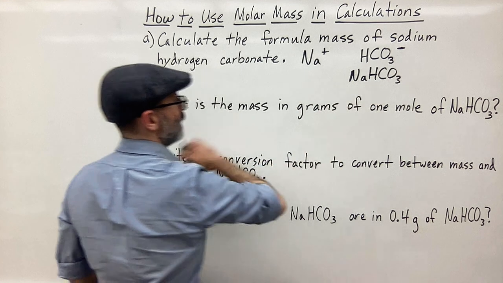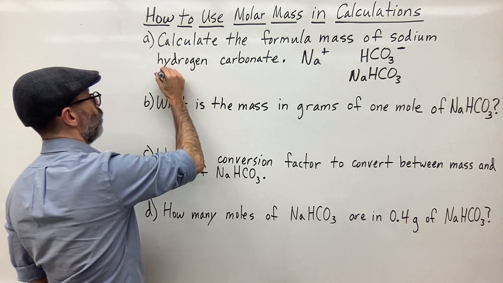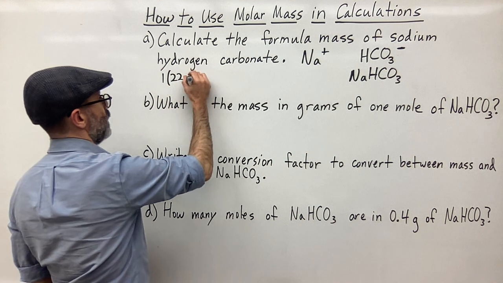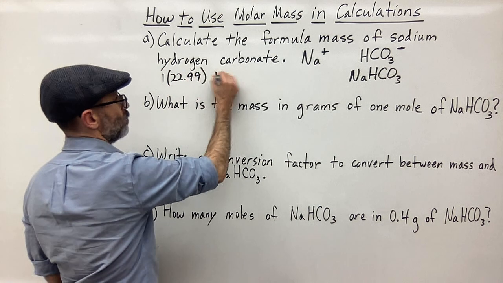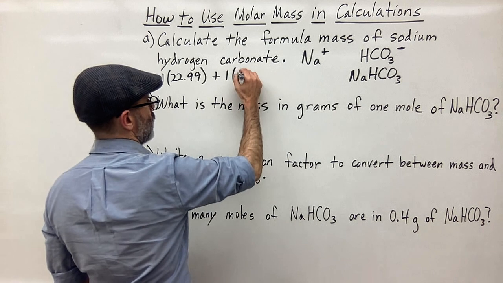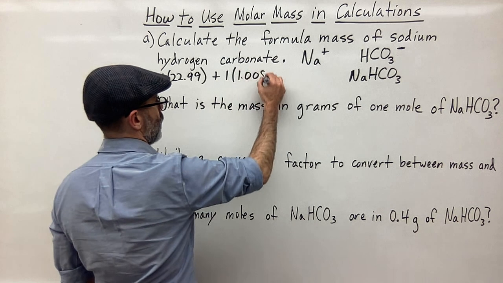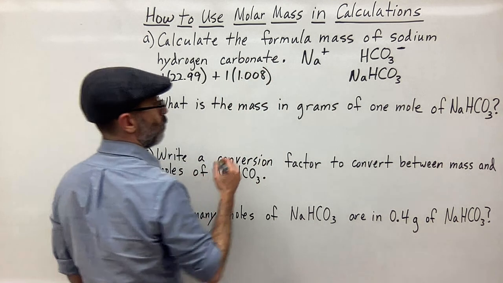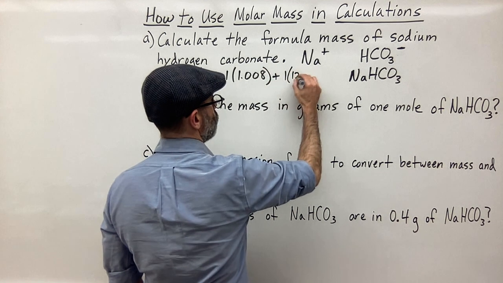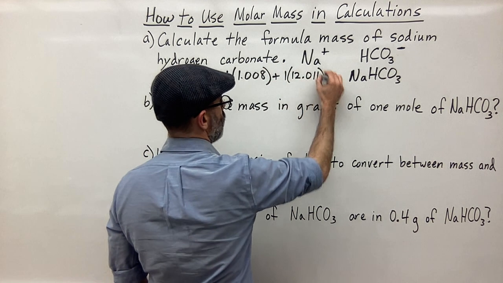So Na is 22. We have one of those, so 1 times 22.99, plus we're going to add the hydrogen. We have one of those, so we multiply that by 1.008. And we have one carbon, so we'll add 1 times 12.011.